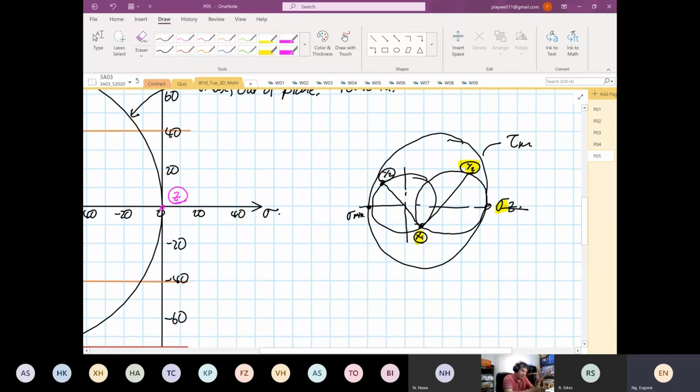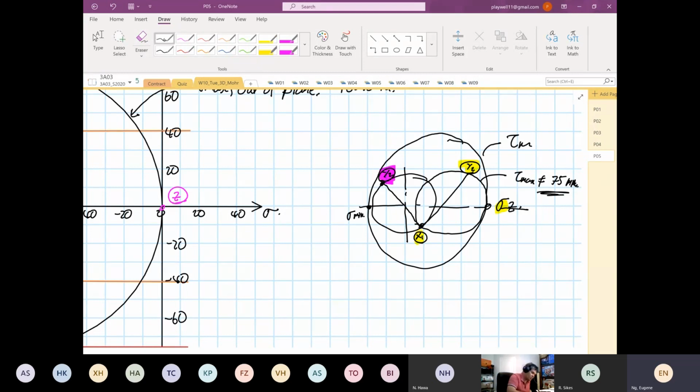It will not satisfy, right? For this case, tau max will not be equal to 75 megapascal. So the only solution is this solution over here, where X1 and Y2 have to be a separate circle.